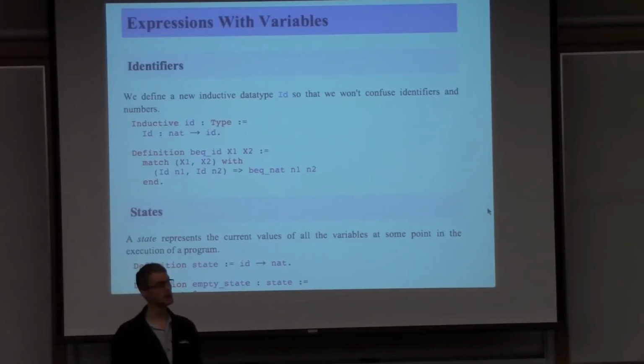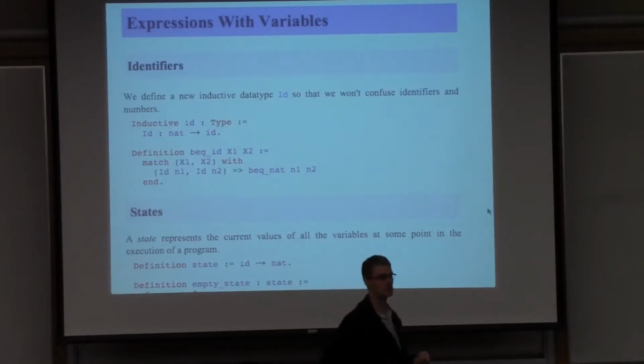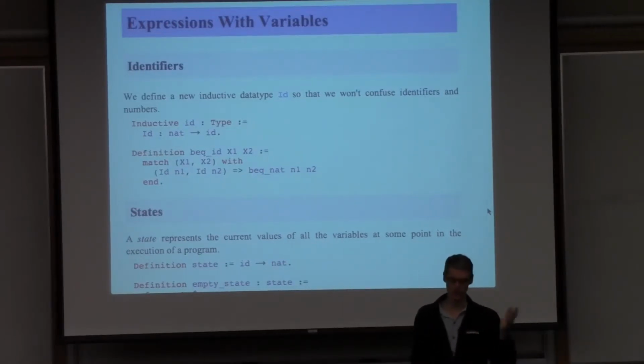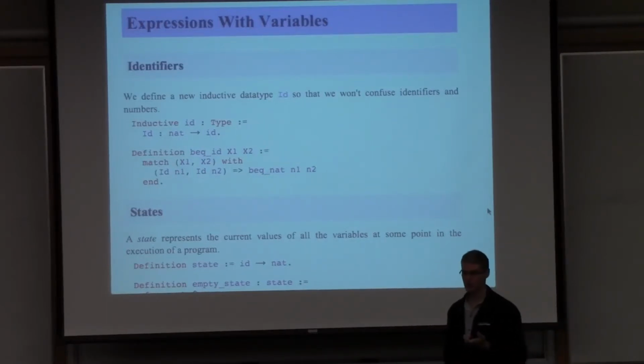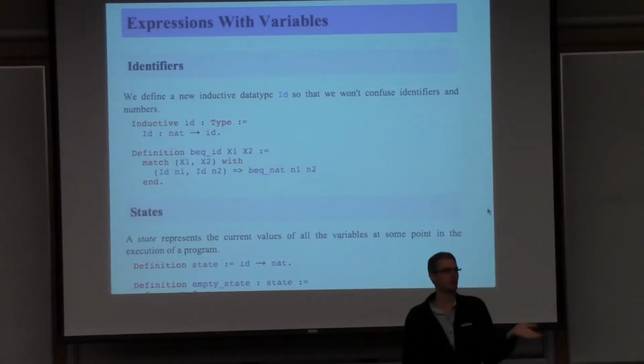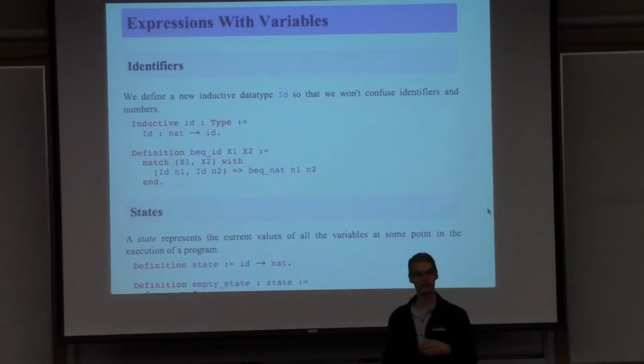Why would we do that? Same reason we would do it in Haskell or ML: abstraction. I'm going to use numbers as my identifiers, just to avoid the silliness of getting involved with the Coq string library and all of that. But I don't want to confuse these numbers with other numbers that are not identifiers, and I don't want them to show up as just NAT when I'm looking at some expression.